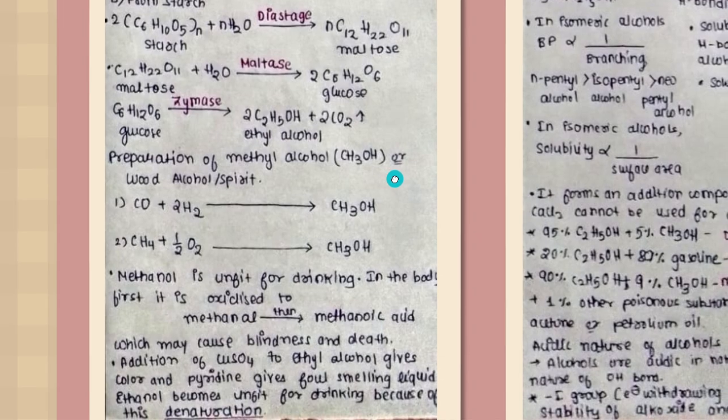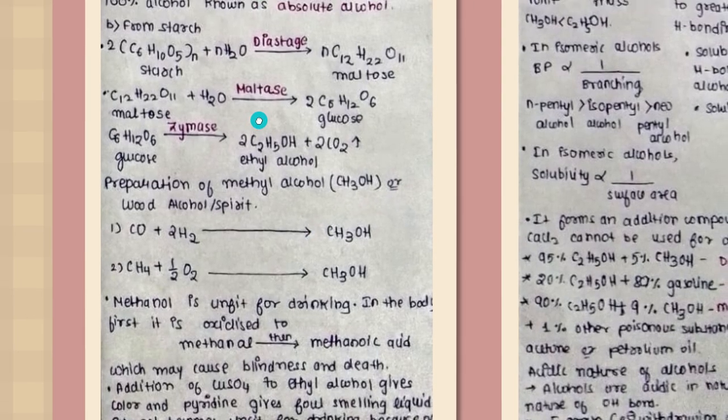Now the second process is from starch. What is starch? Starch is denoted by (C6H10O5)n. So (C6H10O5)n plus nH2O in the presence of an enzyme known as diastase will give us maltose, which is n/2 times C12H22O11.